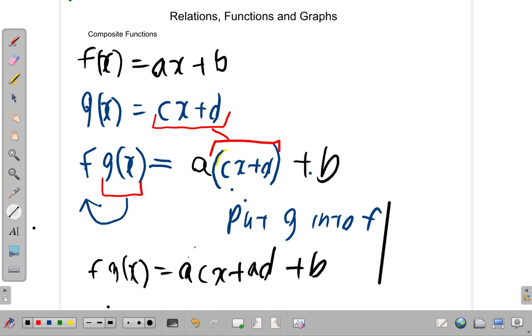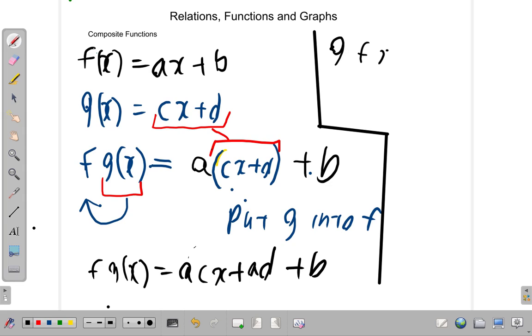Let me divide my whiteboard to separate what I'm going to do next. This time I want gf of x. In this case, remember, g of something means cx plus d. G of x means cx plus d. So g of something means c times that something plus d.